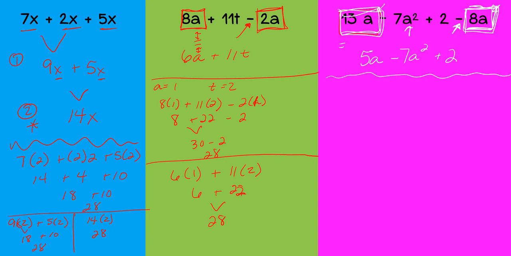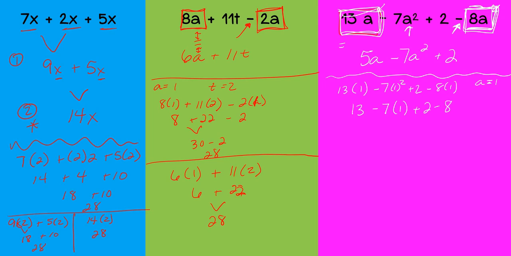To check it out, let's plug in a variable. So we're going to do a is equal to 1 again. Just make life easy. Why do we have to choose a big number? So 13 times 1 minus 7 times 1 squared plus 2 minus 8 times 1. Okay, so 13 times 1 is 13. 1 squared is 1, so this would be 7 times 1 plus 2 minus 8, because 8 times 1 is 8.